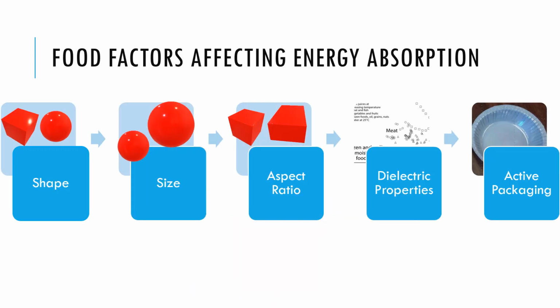Some of the important factors affecting microwave energy absorption in food in a microwave oven are shape, size, aspect ratio, dielectric properties, and if there is any other active packaging material like a metal film with the food.